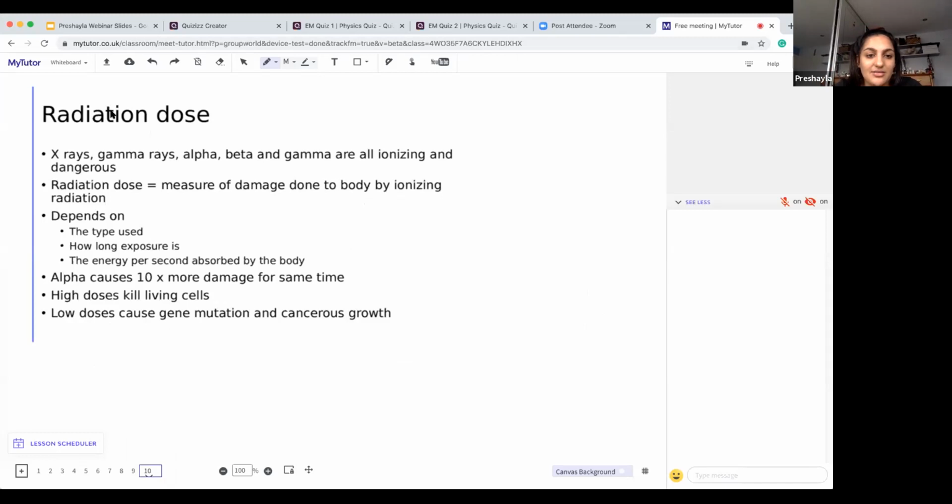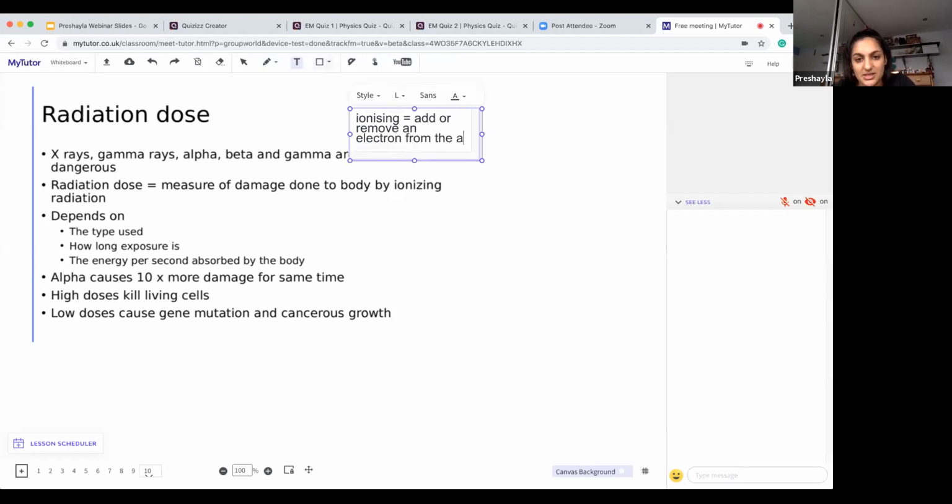So X-rays, gamma rays, alpha, beta and gamma are all ionizing and dangerous. Okay, so if we remember, ionizing means that we add or remove an electron from the atom, okay?